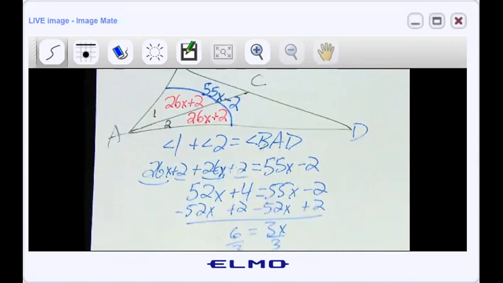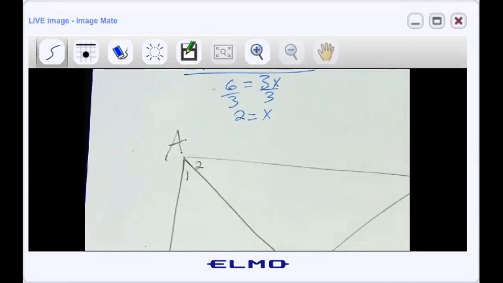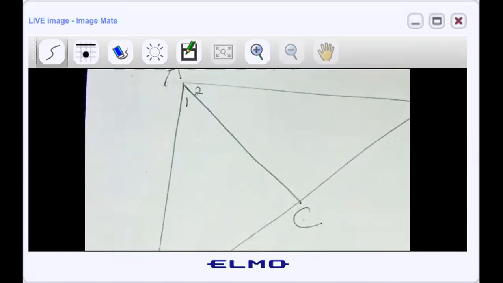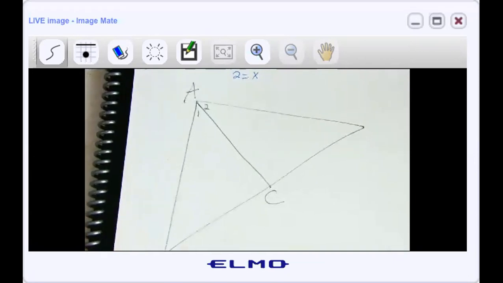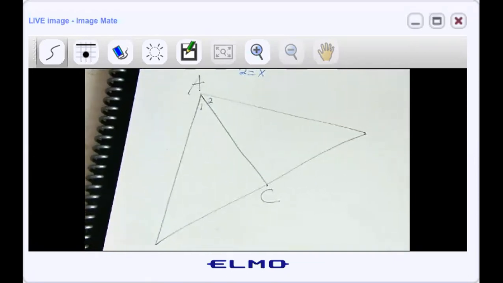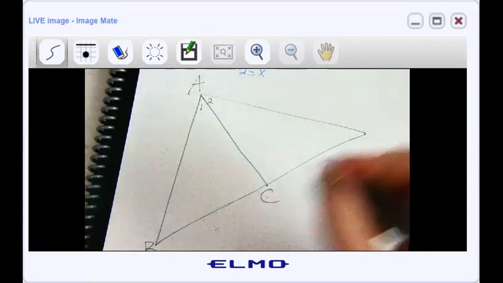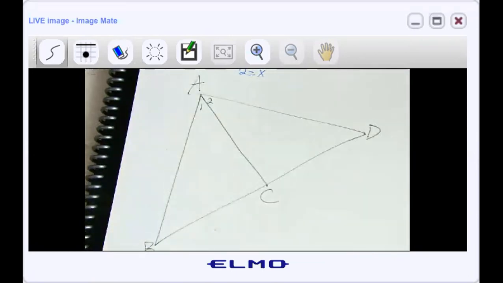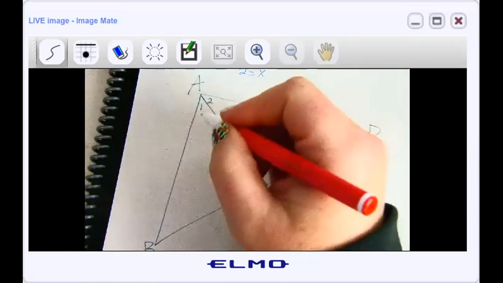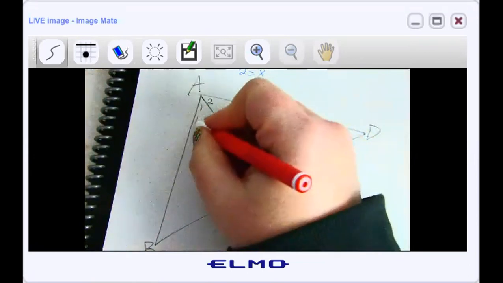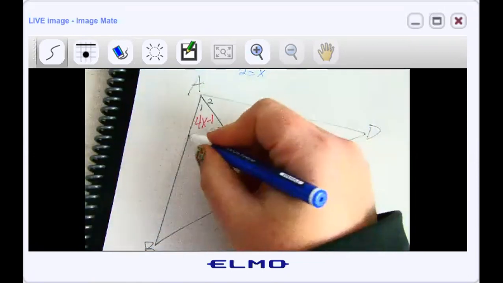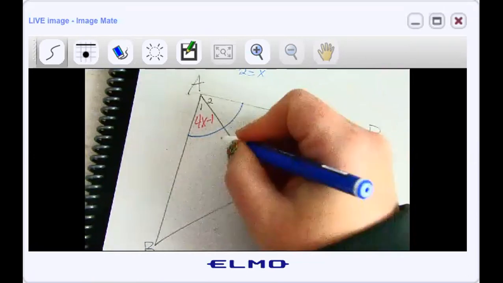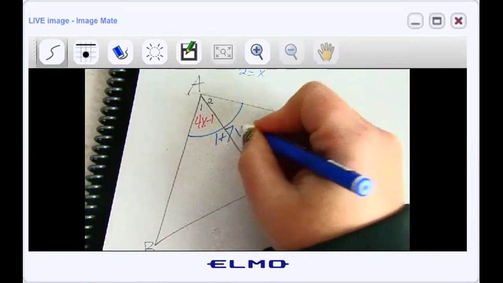Okay, I want to do one more, and then we will be done. Same sort of scenario here. Let me just zoom out a bit. You've got a triangle here. You have an AC. Let's put B and D in. And let me give you these values. Let's say angle 1 this time is 4x minus 1. And then I will tell you that the whole big angle is going to be 1 plus 7x.